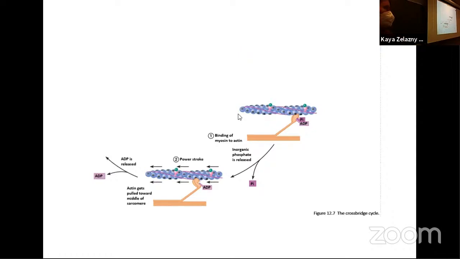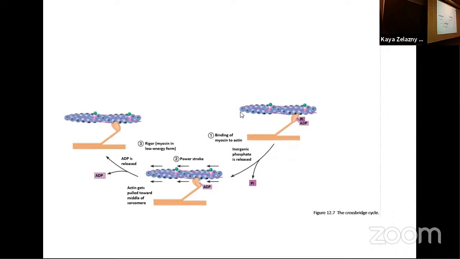In our third step, we release the ADP molecule, which is our sort of de-energized form, right? So we're releasing the ADP. And then we're going to enter something called rigor. You may have heard the phrase rigor mortis, right? Like when cadaver bodies are all kind of stiff. This is actually related to that state.